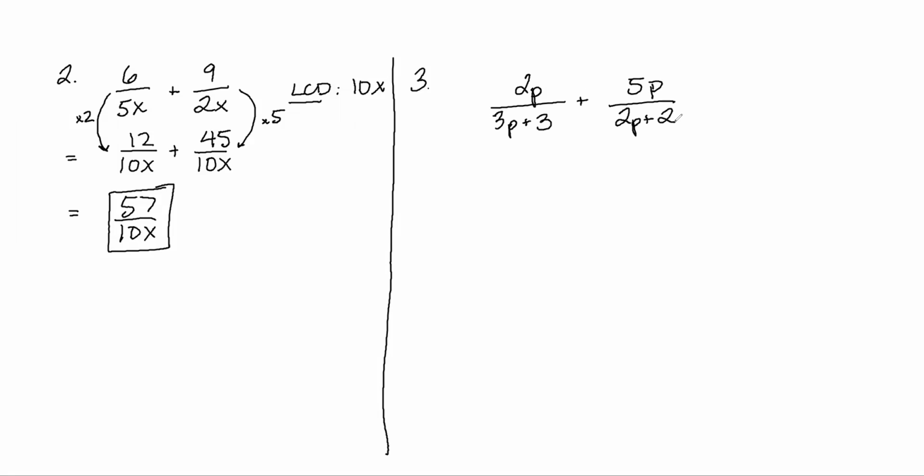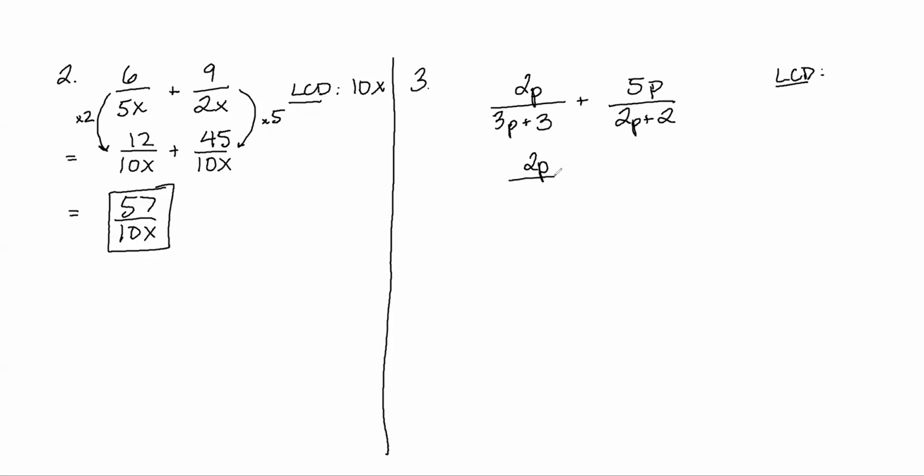Okay, so for this one, first things first, we're adding fractions and we do not have a common denominator, so we need to find our LCD first. But if we look at both of our denominators, in order to find the LCD, we do need to go ahead and factor both of these. So what I'm going to do is I'm going to just replace the denominator and rewrite these fractions.